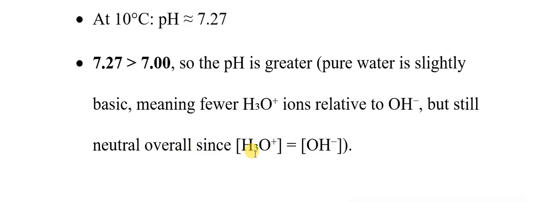Overall, hydronium ions are equal to hydroxyl ions. It may seem a strange mechanism, but the values show that pH is higher at lower temperature as compared to 25 Celsius. But always keep in mind that the number of hydrogen ions is always equal to the number of hydroxyl ions.